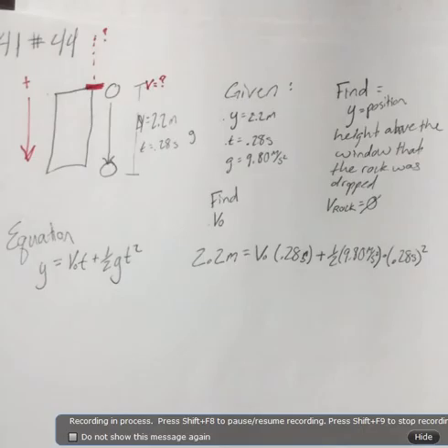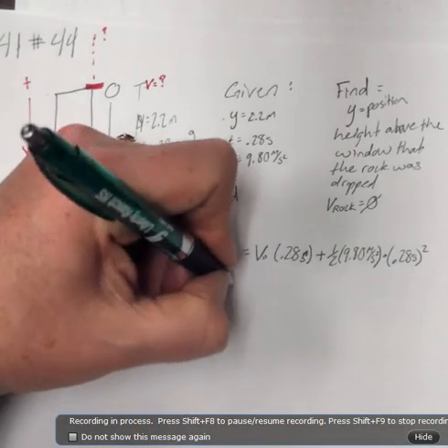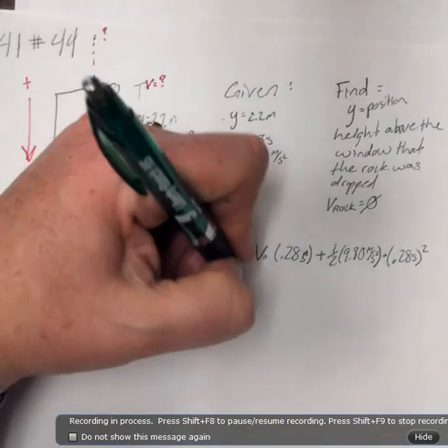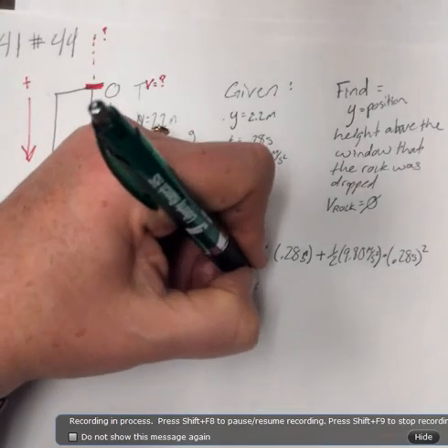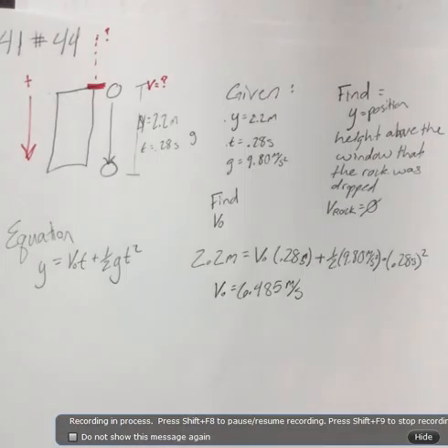At this point, I'm going to isolate my variable and solve for v naught, and I get that v naught equals 6.485 meters per second. You're going to notice that in solving this, I kept more significant figures than necessary because I haven't found my final answer.